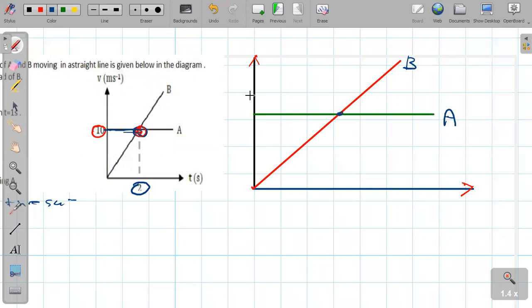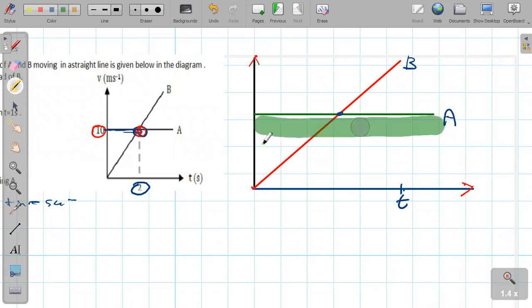All right. We don't know the time. We have to find out. Imagine this is the time. We just mark it like this. Now I'm going to mark the displacement of this entire A using green color.